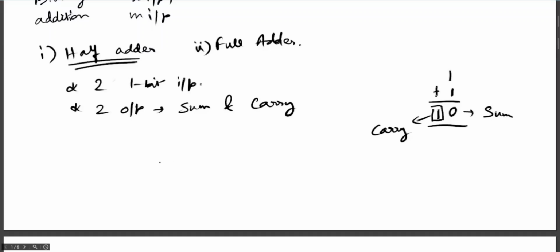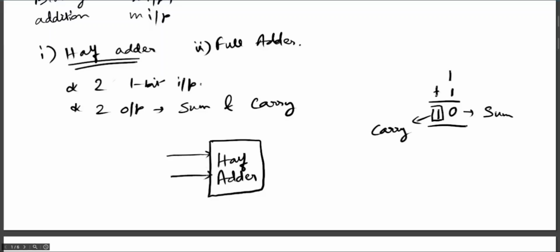So imagine that there is a black box, a box whose inner contents are not known to you, and this is your half adder. On providing two inputs to this half adder circuit, one input being A and the other input being B, the circuit produces two outputs. One is called sum and the other is called carry.